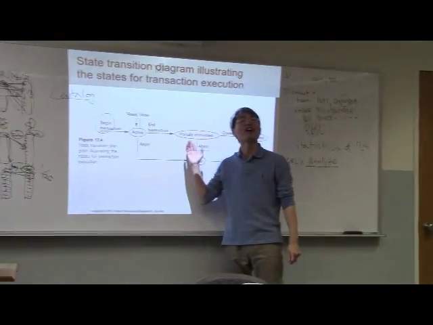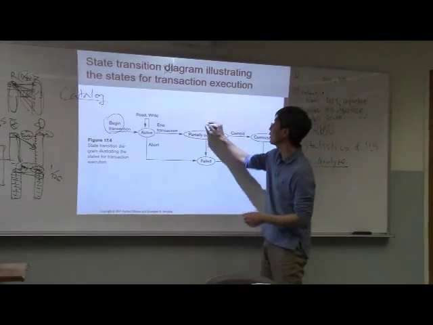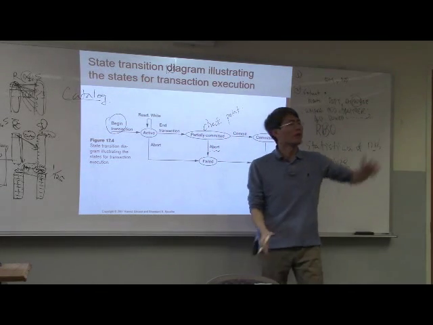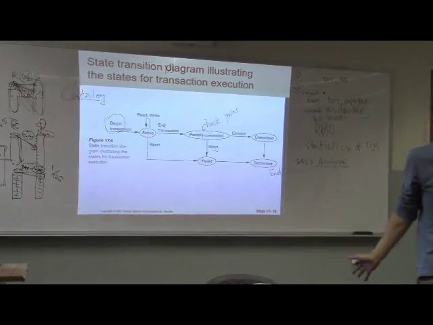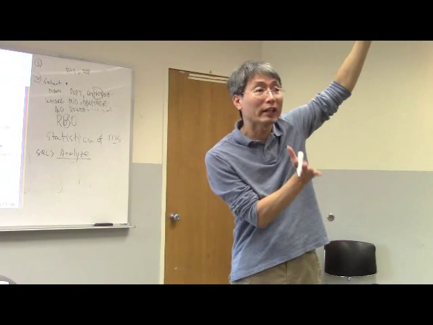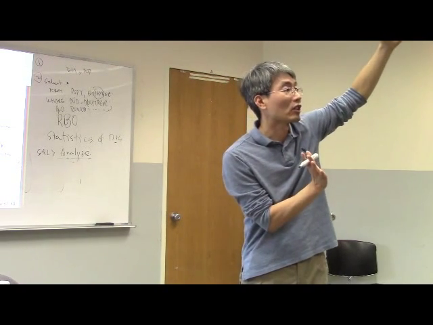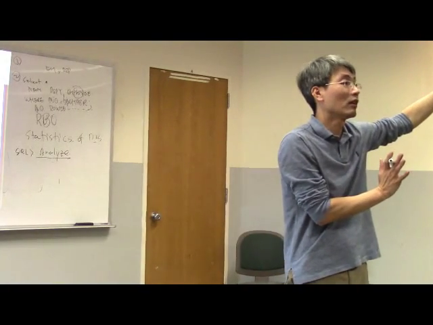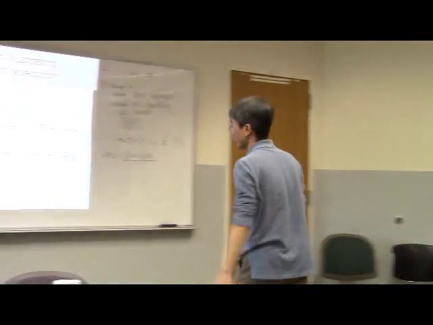Sometimes there is a partial commit, that is called a checkpoint. If your transaction is too long, and I'd like to keep the current changes, it's not the end of the transaction, but I want to partially commit, partially apply to the system. At that time, you can create a checkpoint.